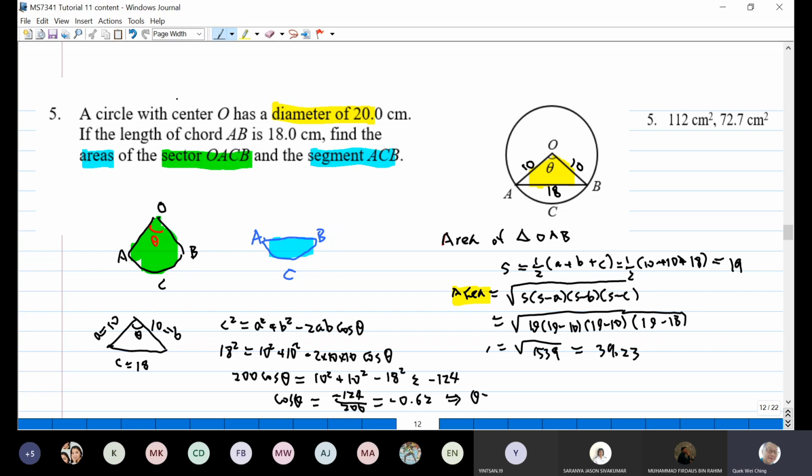That means theta is equal to cosine inverse, shift cosine inverse. The answer is 128, right, 128 degrees.